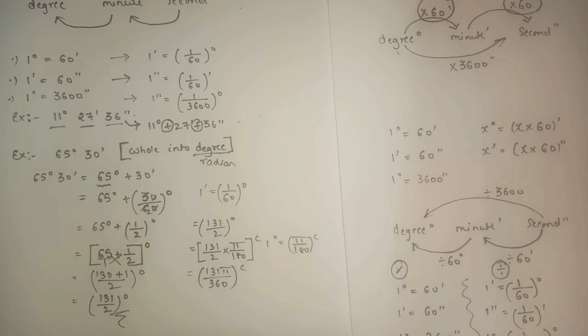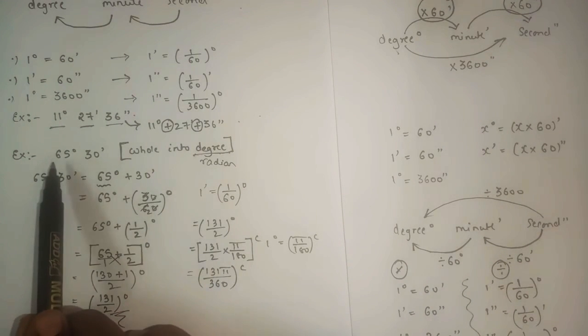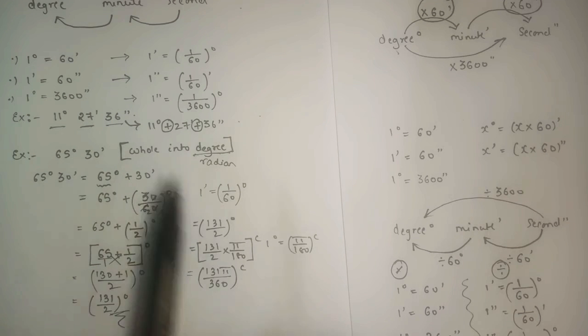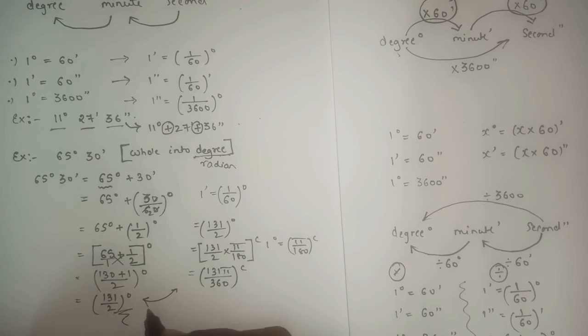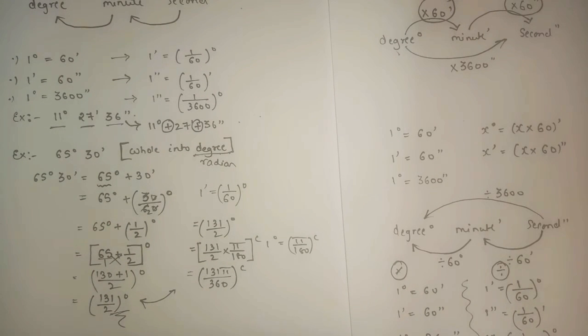So in this way you will convert this degree and minute into degree as well as in radian. If the question says that you have to convert in both the systems, degree as well as radian, you have to do this process. I hope you all understood the method.